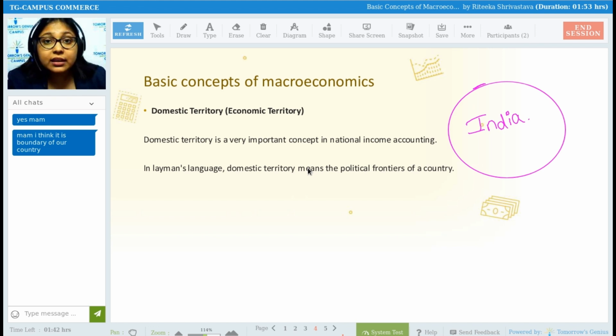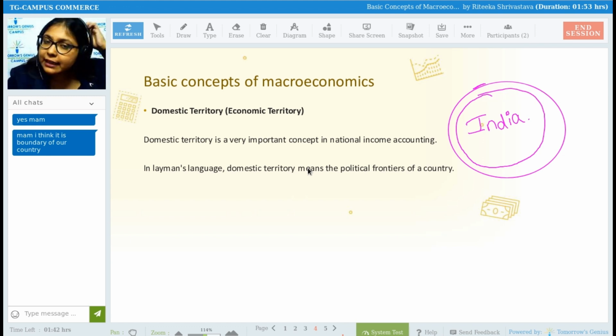Anything beyond that is not a part of our country, and within this circle, everything is a part of our country. So that is why we will say this is the domestic territory of our country, or it is also called the economic territory. Domestic territory within the country.